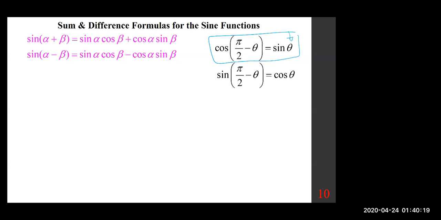Do you see that if I use alpha plus beta, then this one should be alpha plus beta, yes or no? And that's what we have here. So you're looking at the right side of the equation at the top right. The right side is sine theta. This is cosine of pi over 2 minus theta. Do you see that, everybody?